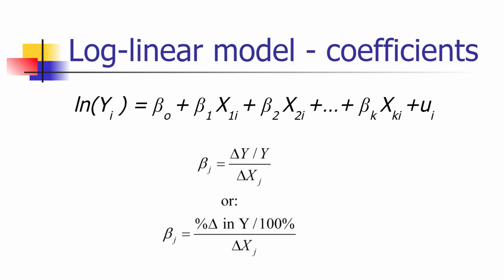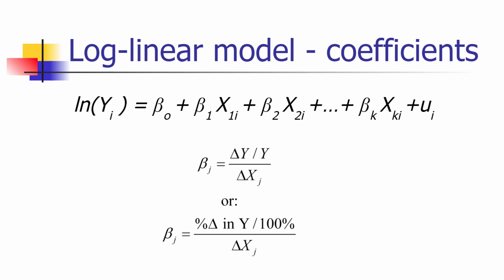In the specification, beta j is a measure of the percent change in y, actually the percent change in y over 100, that occurs when there's a 1 unit change in x. So we use this specification if a 1 unit increase in our independent variable results in a constant percentage change in the dependent variable.